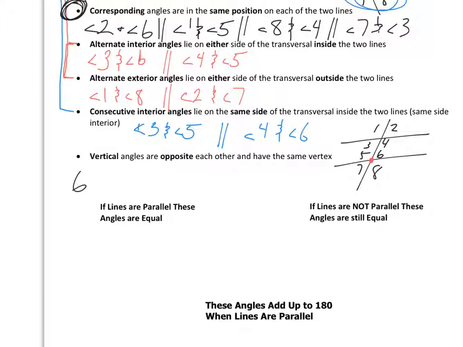But which one is opposite? Only one of them. 2 of them are adjacent. So I would say the opposite of 6 would be 7. All right, 5 and 8 are just adjacent to angle 6. We could also say angles 5 and 8 are opposite, or vertical angles.